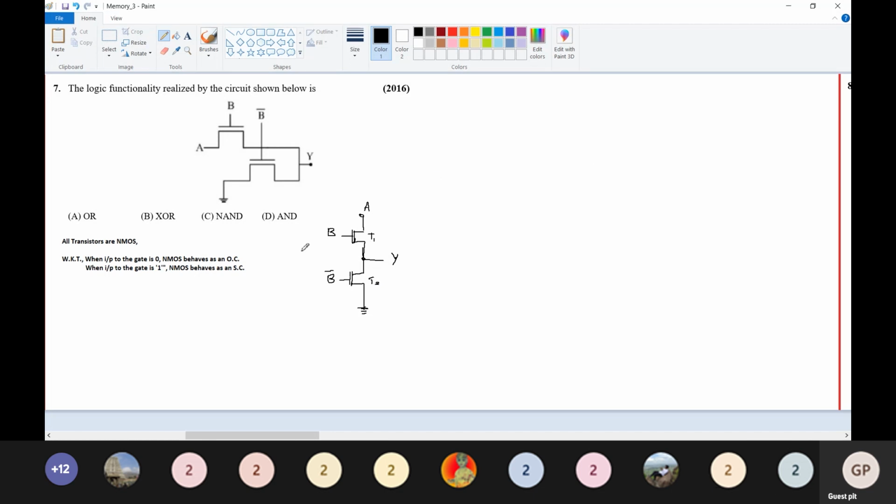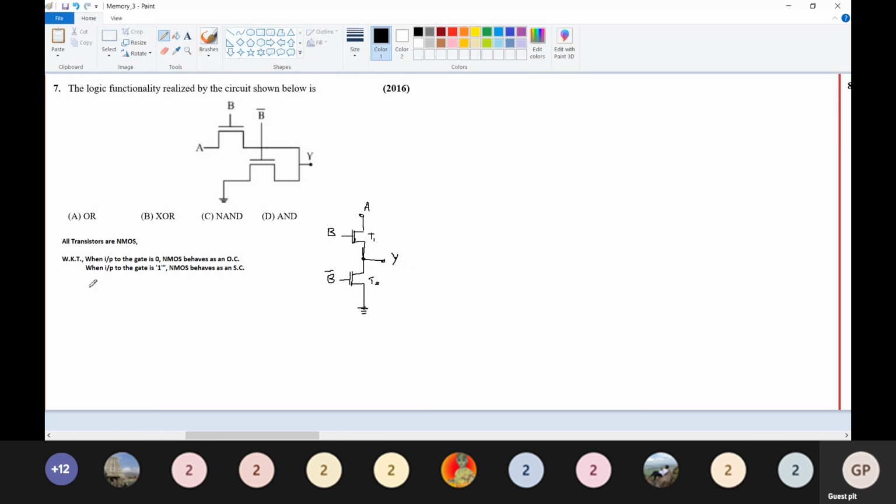So the above circuit I have redrawn like this for easy understanding. So these are the two terminals, B and B dash. B and B dash is terminal A. So fine, this is the output terminal Y.